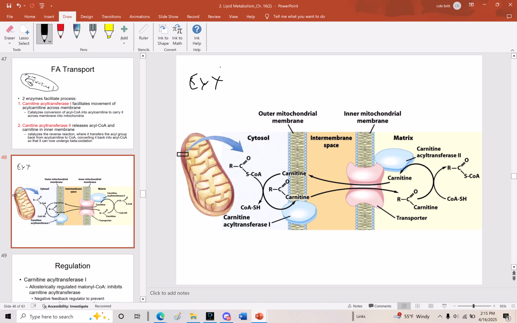And we have to get this fatty acyl-CoA, here it is, into the mitochondria. So this represents the fatty acid. Every time you see an R, it just represents a group. In this case, if we're talking about fatty acids, it's representing the fatty acid.